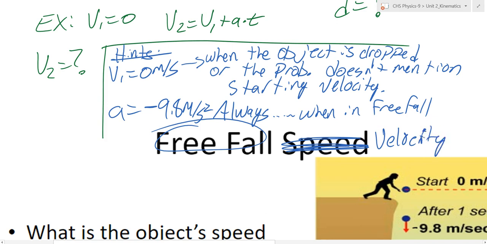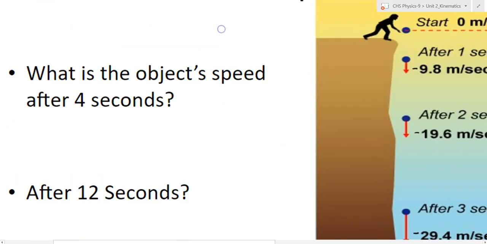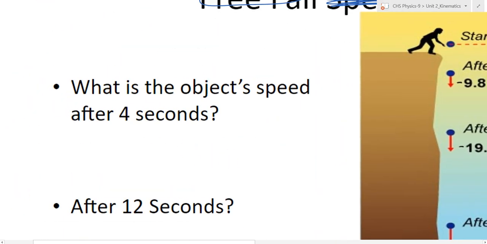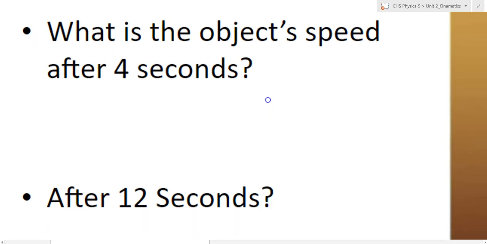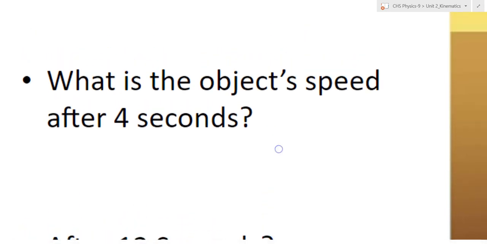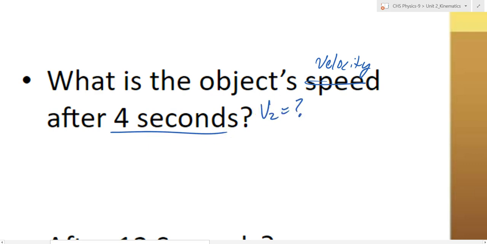So the first problem that we're going to do is this one right here. What is the object speed or velocity after 4 seconds? So we want to find v2 in this problem. For thinking about our GUESS method, what are our givens and unknowns? v1 equals, v2 equals, a equals, and t equals.